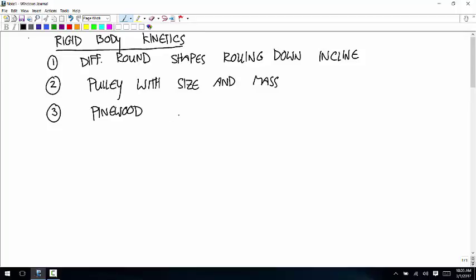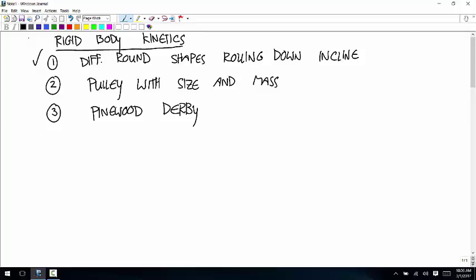So these are sort of three long examples, Pinewood Derby. We've done this one. So what are you supposed to get out of these examples? They're sort of things that you might have wondered about briefly at some point or another. But mostly they're just different applications of those steps that you should follow for rigid body dynamics, kinetics.